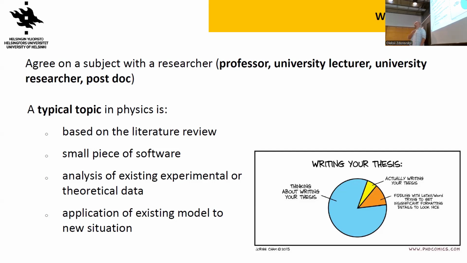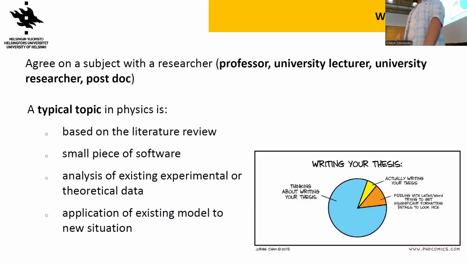The other option could be to write some small piece of software which, for example, analyzes some existing results of some experiments or simulations. The other thing is to analyze some existing experimental or theoretical data. Finally, you might also be tasked with applying some existing model in a new situation, and so on and so forth. So these are the standard examples of how the bachelor's thesis in physics looks.